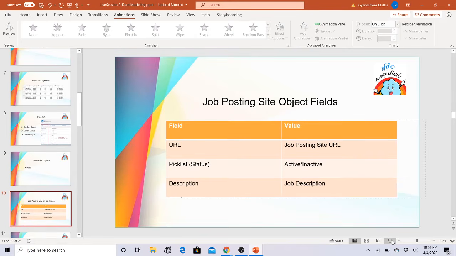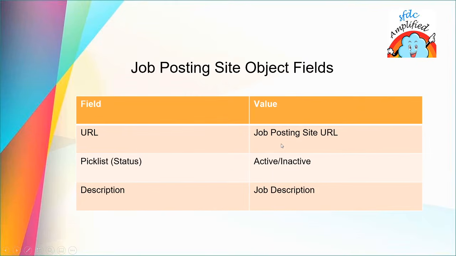The next thing is fields. Whenever you create an object, you need fields in order to save the data for a record. These are a few examples of the types of fields present in Salesforce. The first one is a URL field. Let's say we have an object, a posting site name, and we are creating three fields for that.